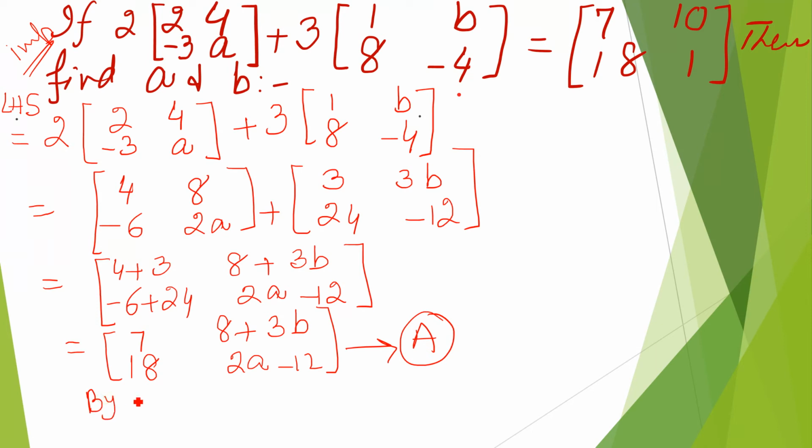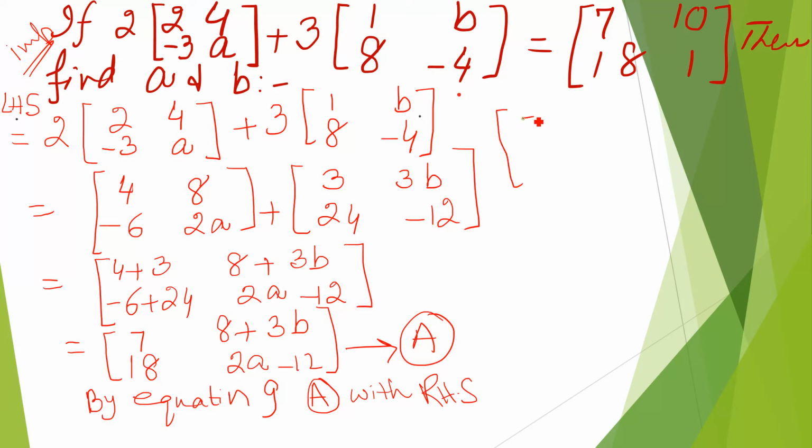Here we will write by equating A with the right hand side. So what we have then, we are equating. Now this is the result of the left hand side.